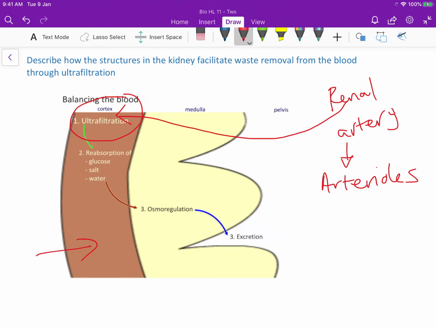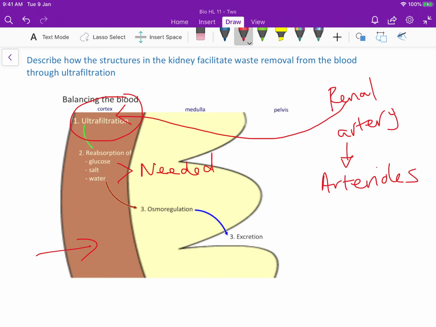The next part that we also get happening in the cortex is selective reabsorption. So part 2 is reabsorption, taking back things that are needed by the body. We might need the salt, we might need the water, we might need the glucose.